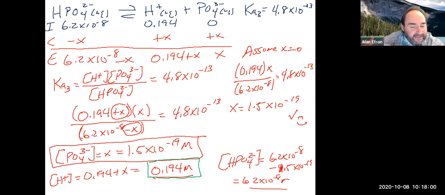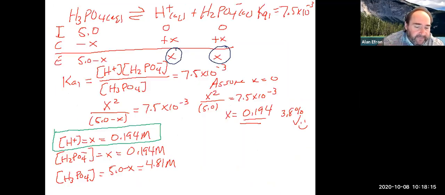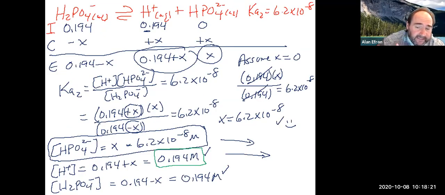So what we see in terms of the H plus is what we talked about at the beginning. A vast majority of all of the H plus that's going to come off in this triprotic acid comes off at the very first step. That very first step is where we get rid of all of the H plus. Does a little bit of it come off on the second one? It does, like 6.2 times 10 to the minus 8 in this case.